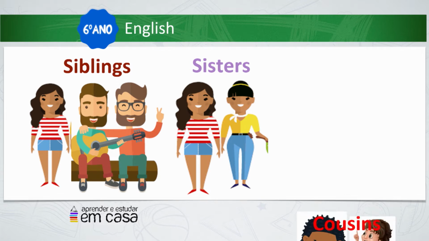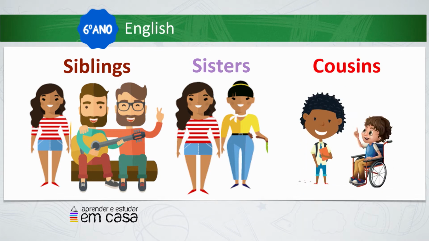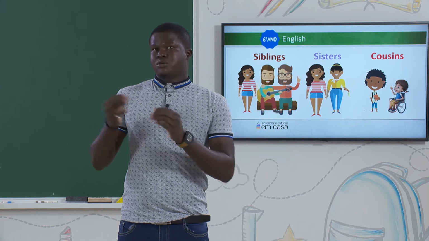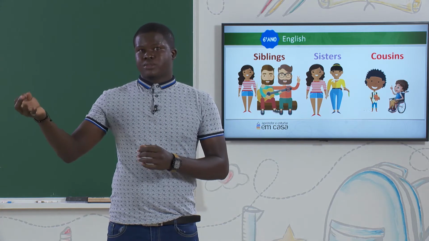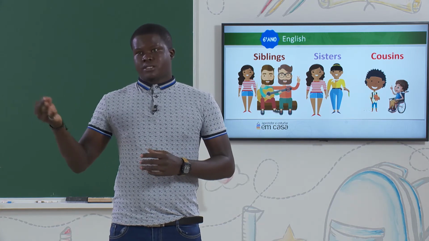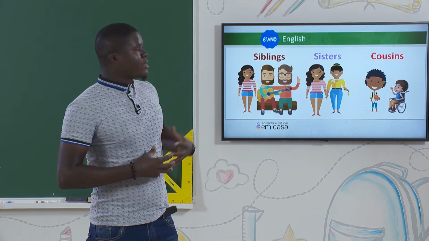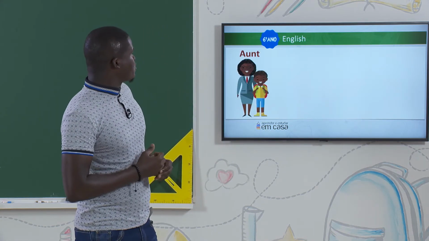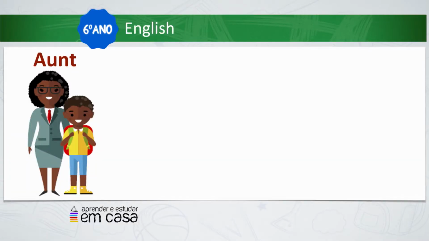Next we have the cousins. The cousins are the son of my uncle or my aunt, okay? It could be the daughter of my uncle or my aunt. They would be my cousins, okay? Next, let's see the next one. Here we have the aunt. Aunt can be my father's sister or my mother's sister.